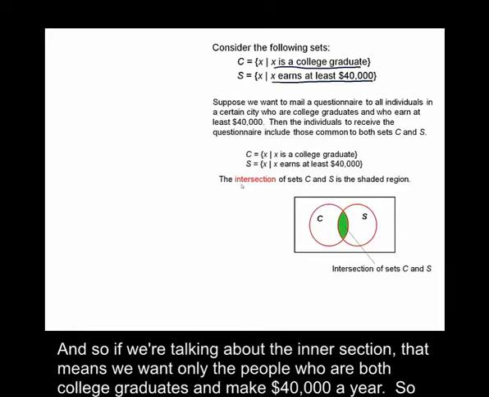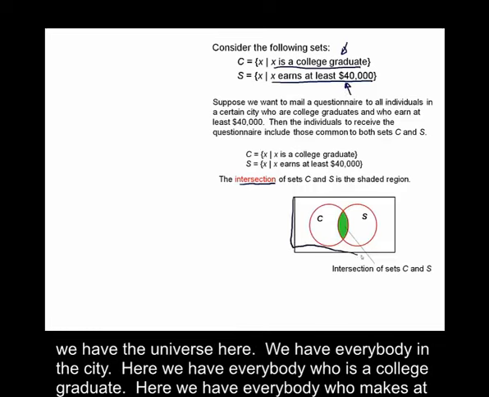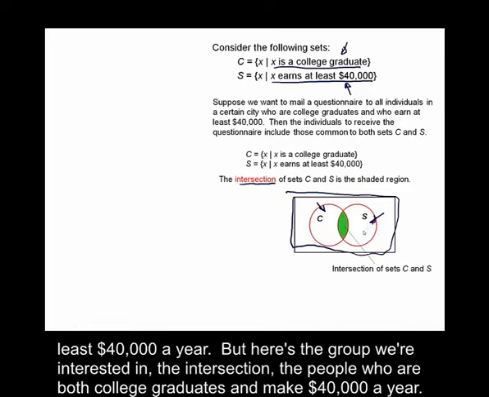And so if we're talking about the intersection, that means we want only the people who are both college graduates and make $40,000 a year. So we have the universe here. We have everybody in the city. Here we have everybody who's a college graduate. Here we have everybody who makes at least $40,000 a year.